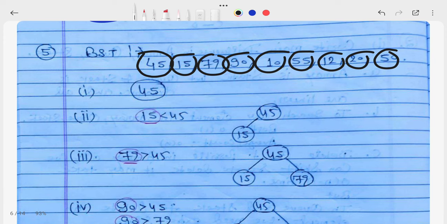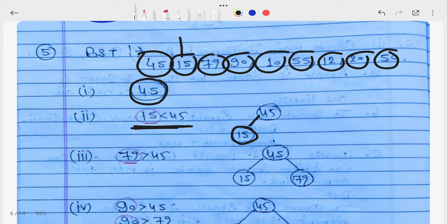So according to the binary search tree, at first I have taken 45, then I am taking 15. At first you will check that 15 is less than 45. It means that 15 will come to the left side, so I have written 15 at the left side.